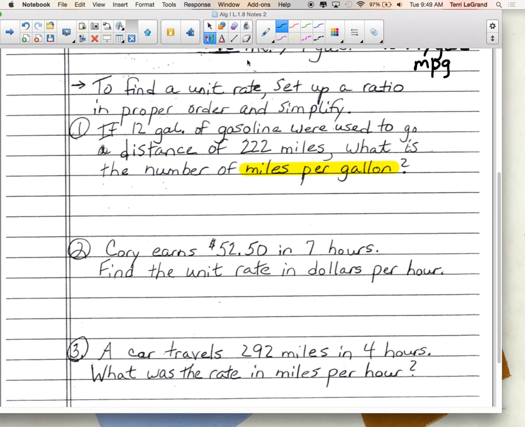So here's what I want you to do when you set these up. You can use your calculators, but you will show me this: 222 miles over 12 gallons. And then you will say, what is that? How many miles per gallon did this particular vehicle get?